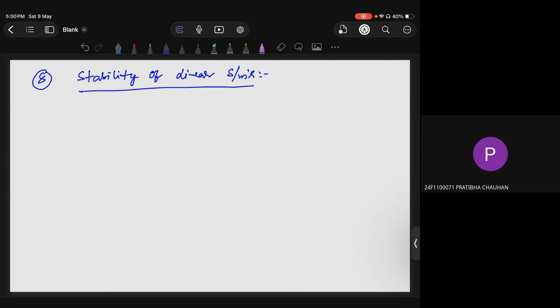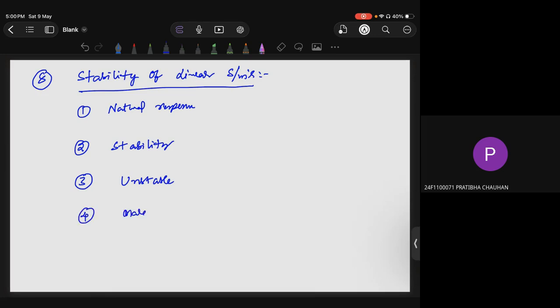We have the natural response. Then we have stability. Then we have unstable. Then we have marginally stable.